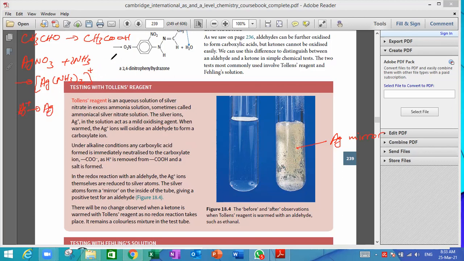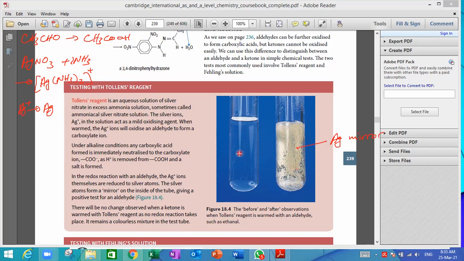So this is an oxidation reduction reaction where the Tollens reagent oxidizes the aldehyde to carboxylic acid, and itself is reduced to silver metal. That's why it forms what we call a silver mirror at the sides of the test tube.